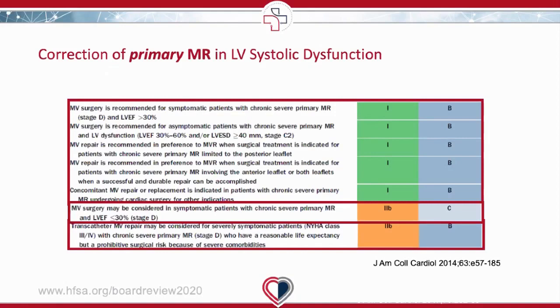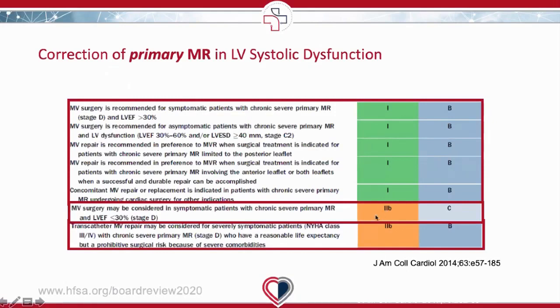Now, when we're thinking about correction of primary MR, this is a valve problem, not a ventricle problem. It's driven by symptoms and changes to the LV, like progressive LV dilatation or drop in LVEF less than 60%. When thinking about surgery for primary MR and LV systolic dysfunction, the key cutoff point in the guidelines is an EF of 30%.